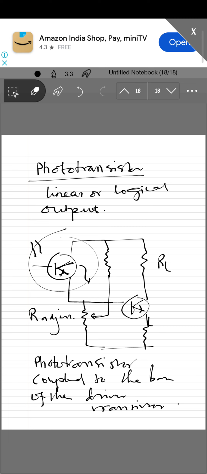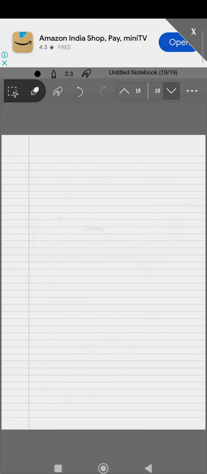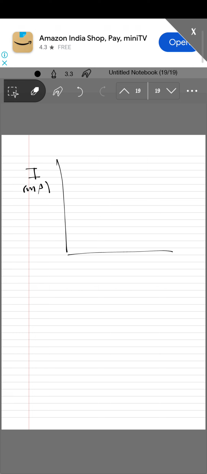Now if you look at the current versus voltage diagram of a phototransistor, we plot the current in milliamperes on the y-axis and the collector-emitter voltage, VCE, on the x-axis, and one can find plots like this.